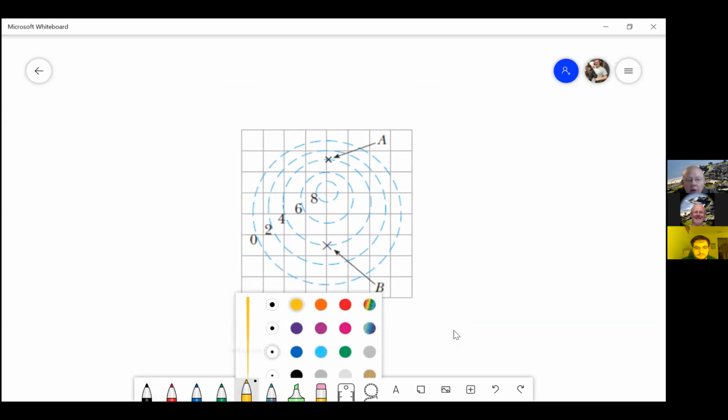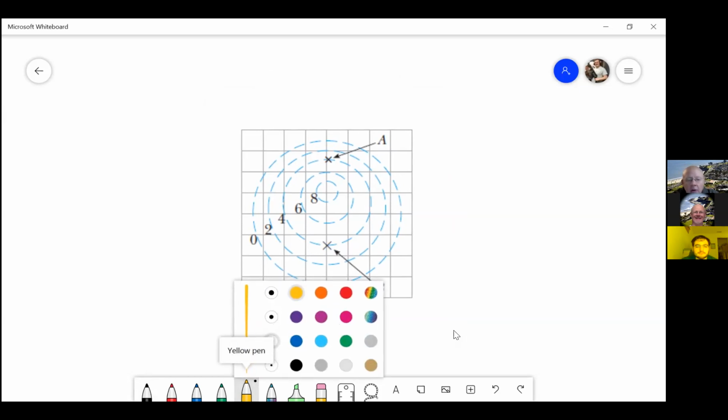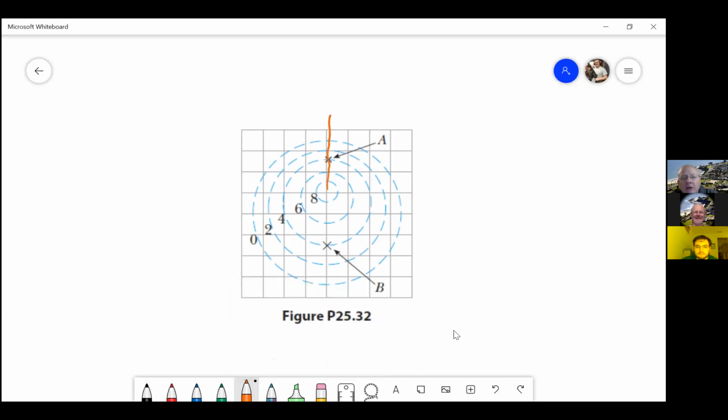If I were to draw the electric field, this will be another challenge for me. Got a yellow marker here, but I'm pretty sure, if I remember right, your author does electric fields in a burnt orange. And so I'm going to draw on the screen what I would predict the electric fields would look like.